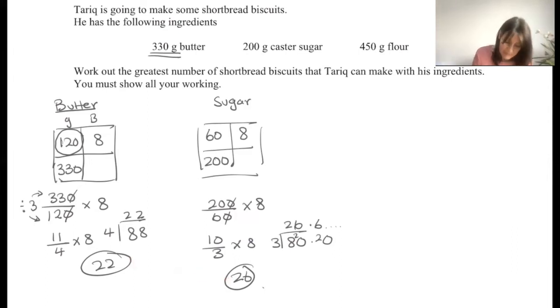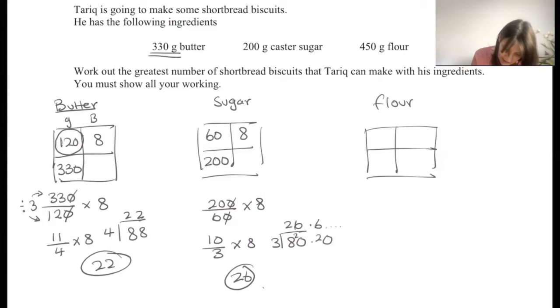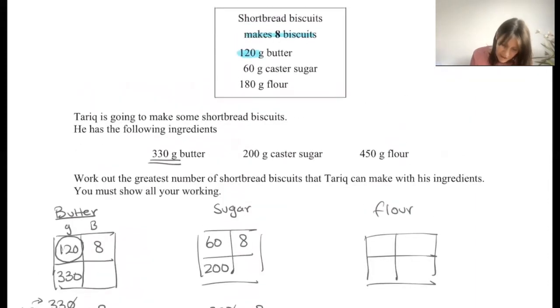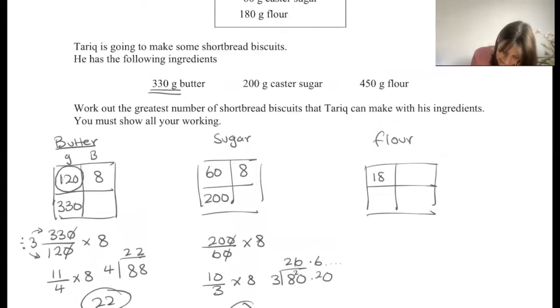And now I repeat the whole thing with my flour. Okay. And as I say, there are other ways to do this. I'm just supporting what we do in class and the methods that we can go to when we can't come up with anything else. So my pairing now is 180 for my 8, and I've got 450.